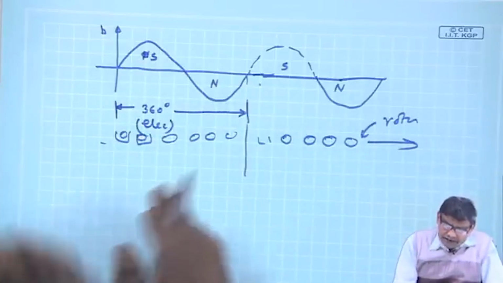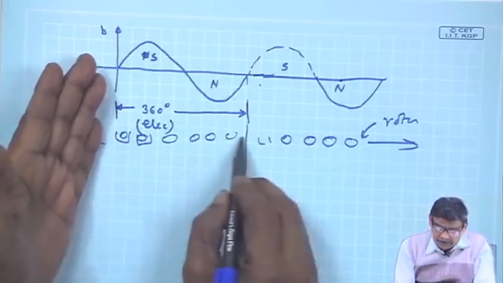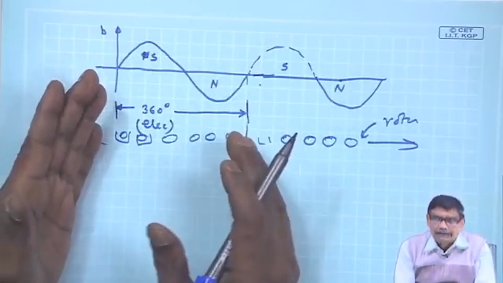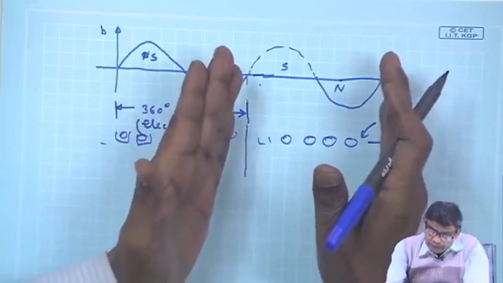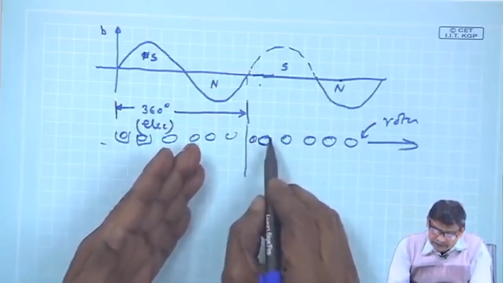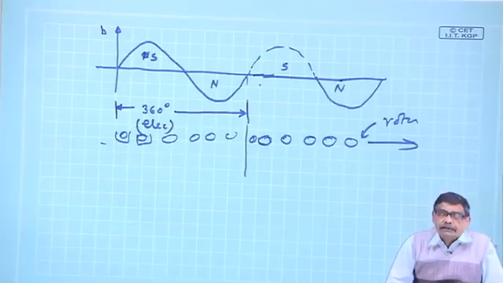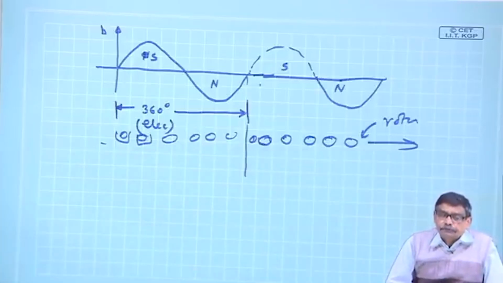Under one pair of poles, whichever conductors are present, it is a symmetric machine, so under the next pair of poles similar conductors, the same number of conductors, will be present and they are expected to carry current. That is true.